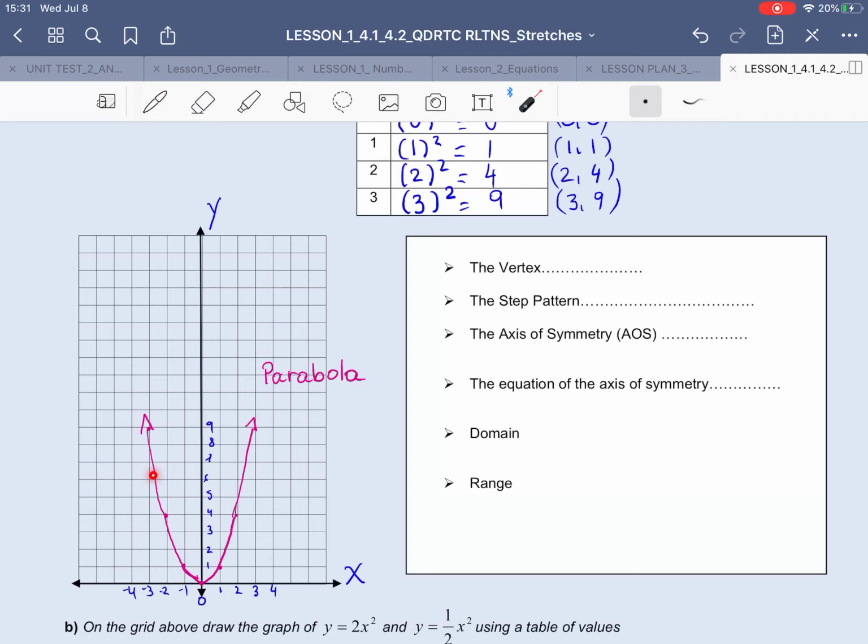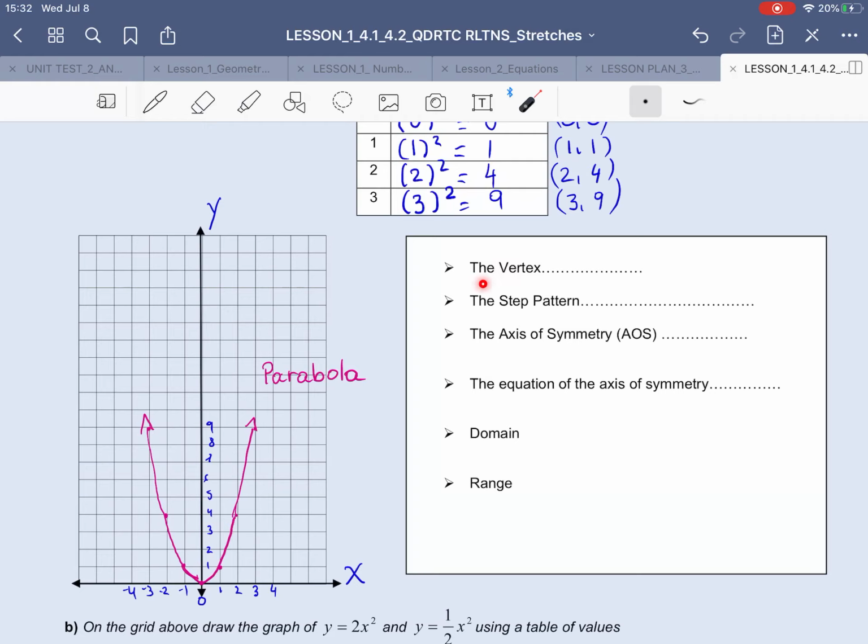I would say this is a symmetrical shape, because what's on one side of the y-axis repeats on the other side as well. And because it is a symmetrical shape, there is some pattern that we can actually discover or talk about in here.